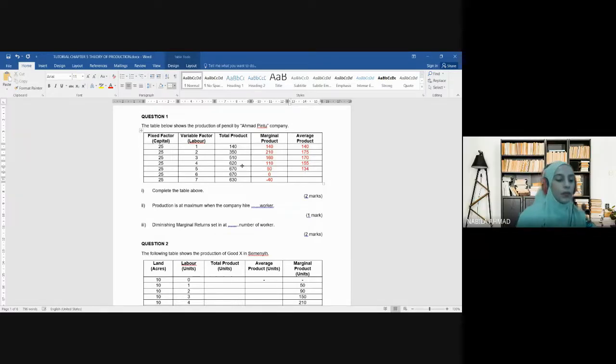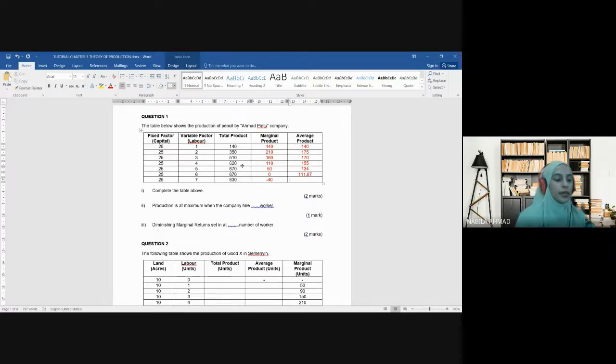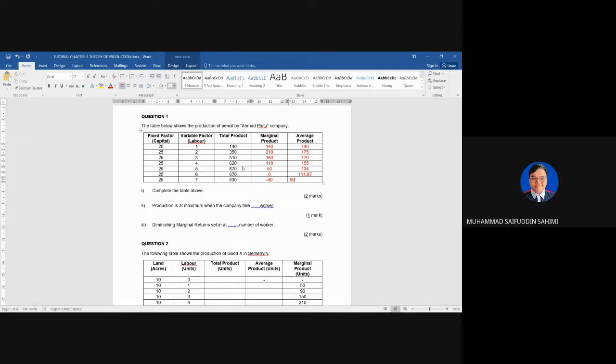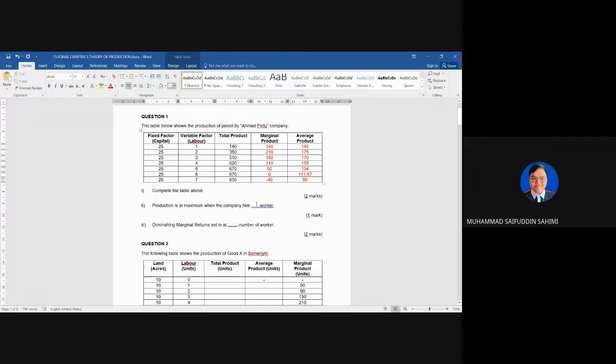And 670 divided by 6, how much? 111.67. Okay. And 630 divided by 7, 90. Okay. Boleh faham tak semua? Nak cari macam mana? Faham ya? Alright. Very good.